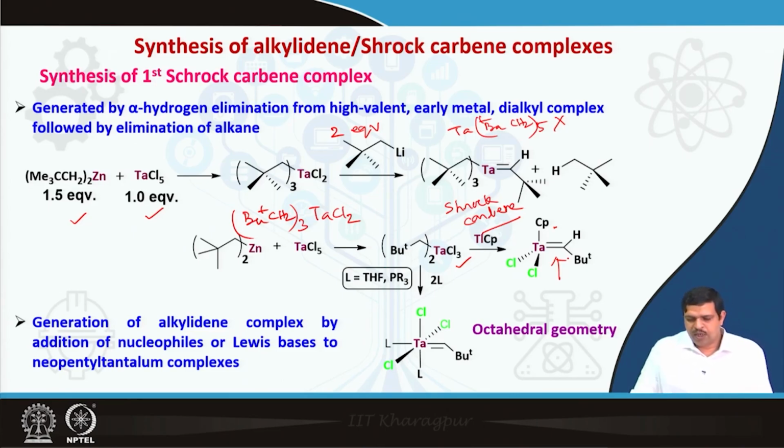And if you use a good ligand like phosphine, then you can also replace the labile metal alkyl bond and get the corresponding metal carbene complexes.